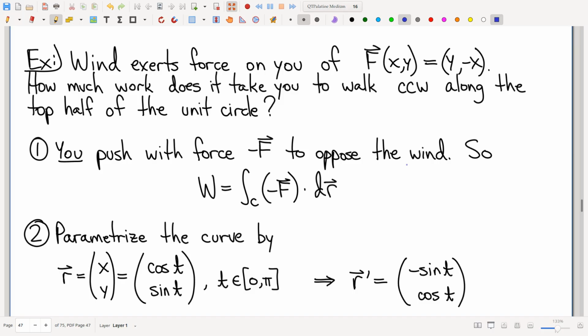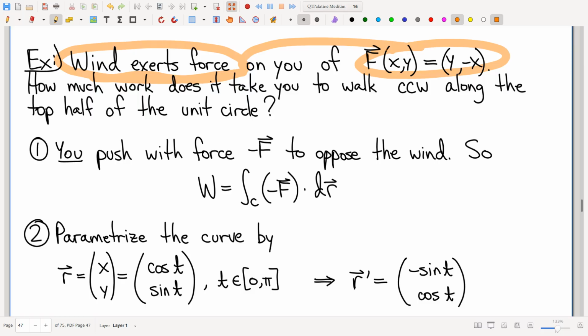Two opposite forces, equal in magnitude, opposite in direction. So you have to ask yourself which force is the one that we're going to use. Which force is relevant to what we're doing. You'll notice that it says that the wind exerts this force.